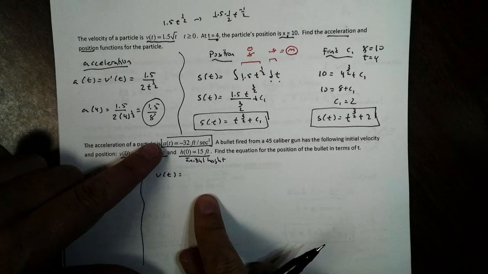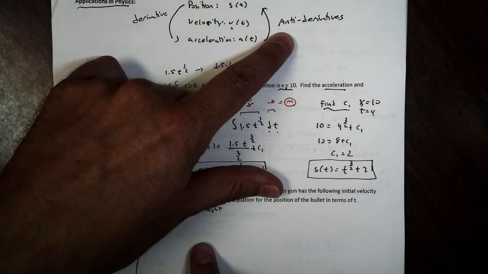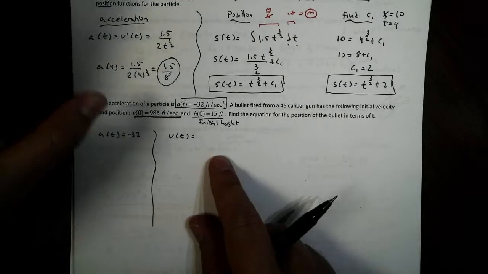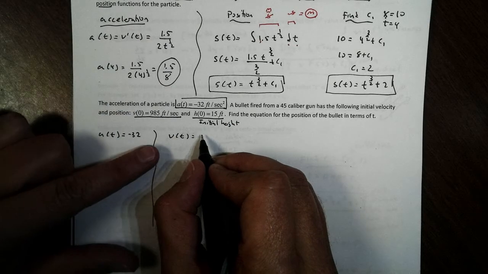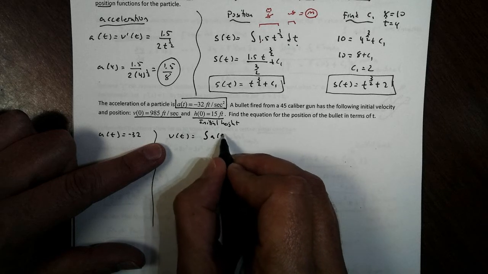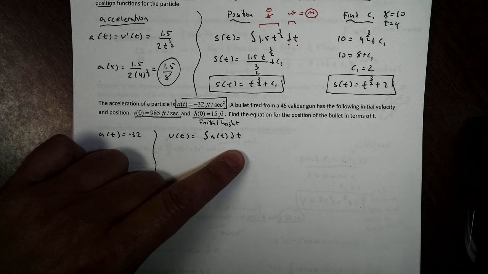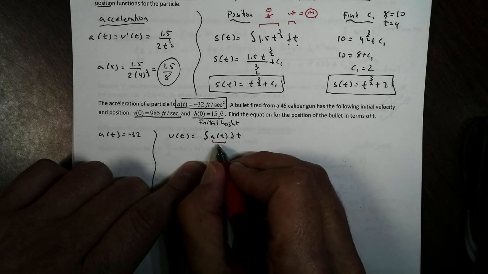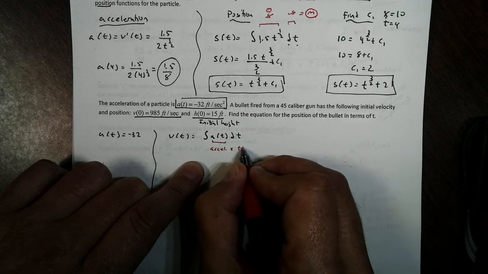From up top, we remember that to go from acceleration to velocity, we have to use antiderivatives. So I am going to integrate my acceleration function, a of t. Don't forget the dt. Now think about this. What is this telling me? This is acceleration times time.